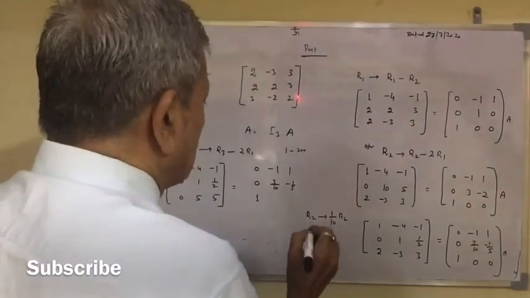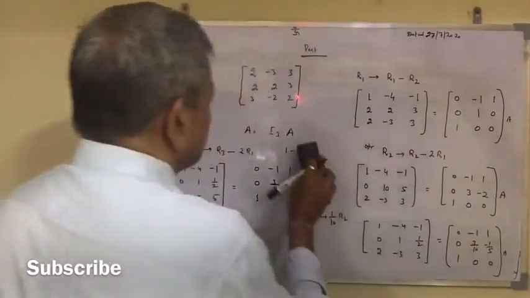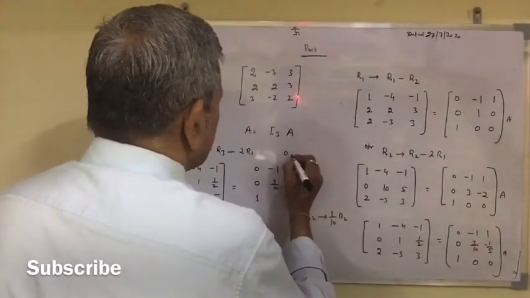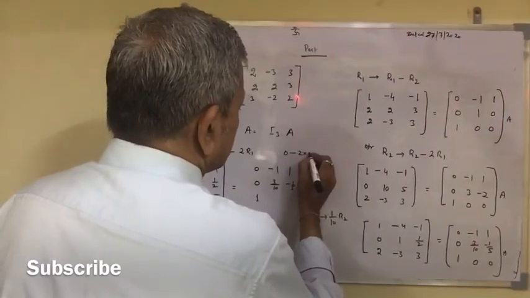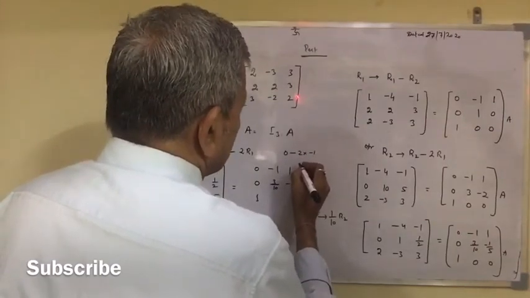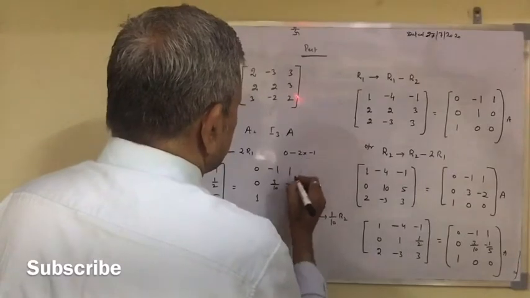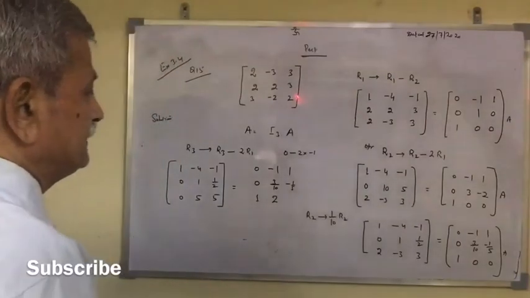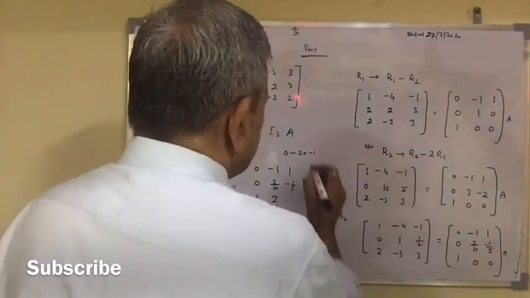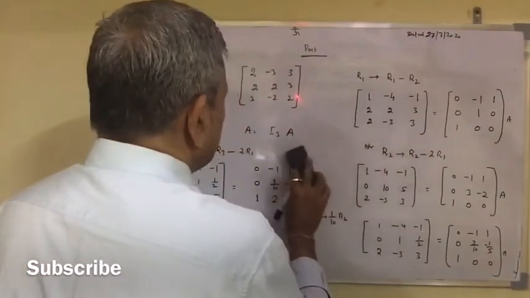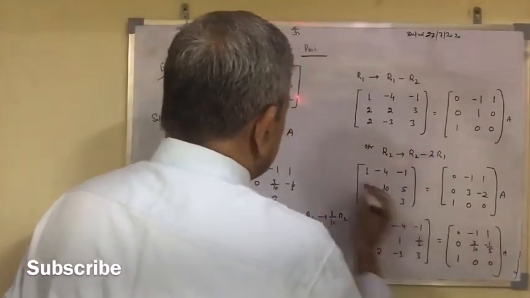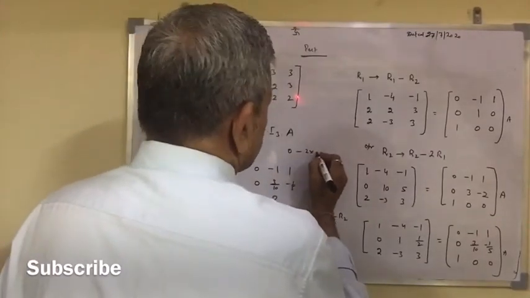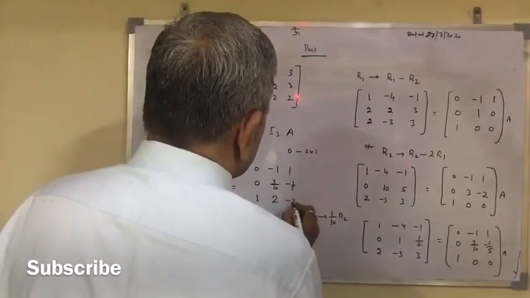And now R3 second case will be 0, here is a 0, so 0 goes, minus 2 of R1 gives you minus 1, so 2 1 ja 2, which gives you plus 2. And now the next term will be 0, here is a 0, and here you would find minus sign with 2 times of R1, so 1, so it gives you minus 2.